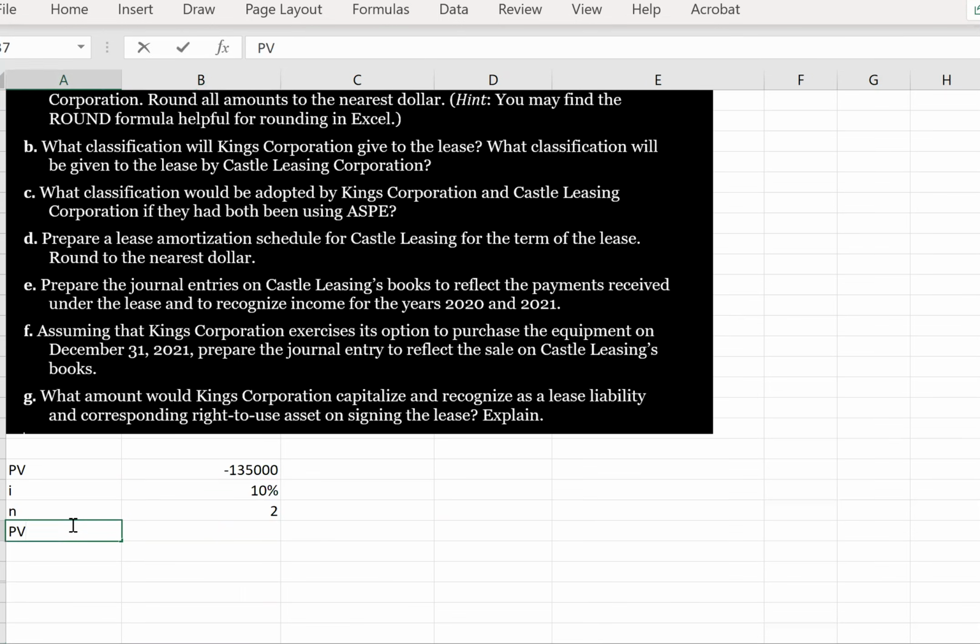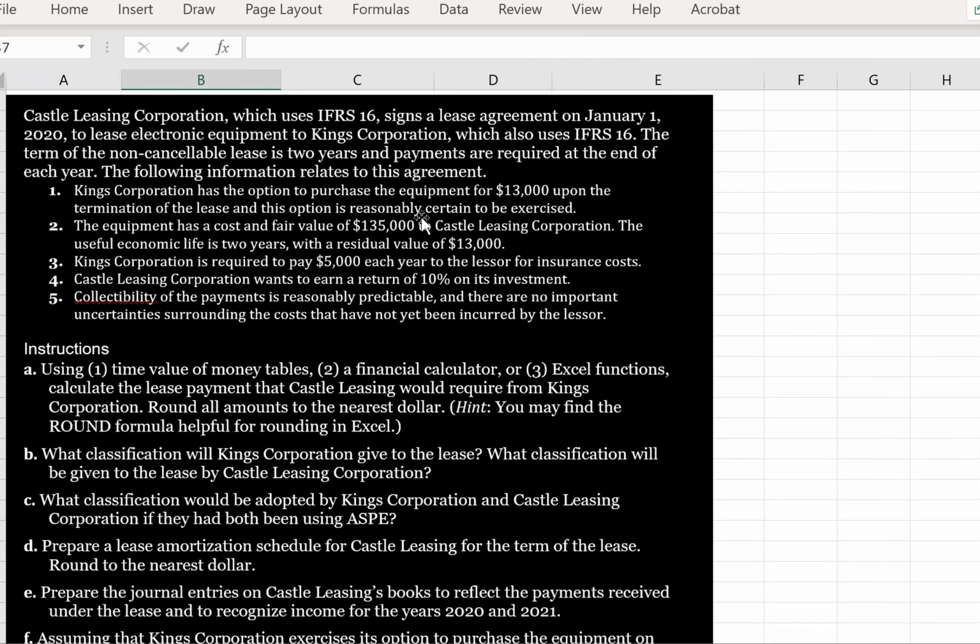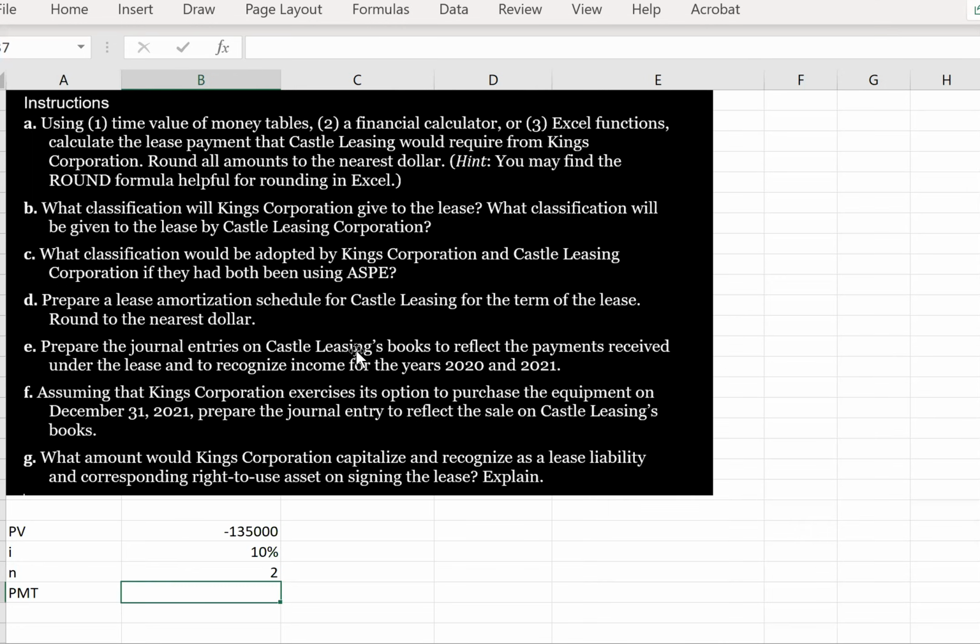And the payment is what we're calculating, so we don't know the payment. The future value is going to be the residual value. As the lessor, Casa Leasing, we have a guaranteed residual value of $13,000.